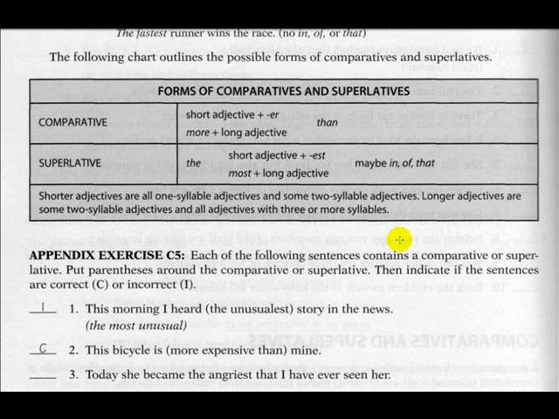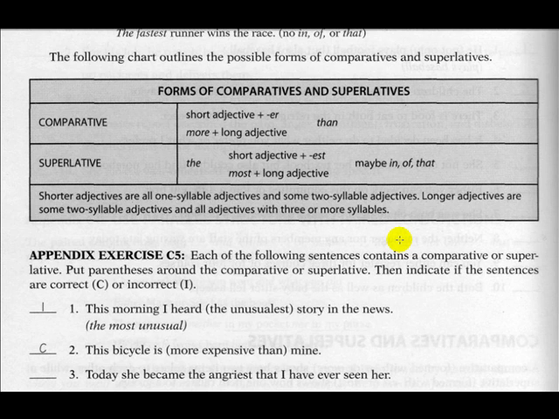Here we have a chart giving us the rules for this that we read. It makes it easier to see and to remember. The comparative, short adjectives, you add an ER. With more than one syllable, longer adjectives, you would add more, and then the word than.